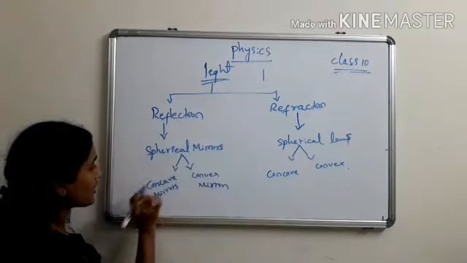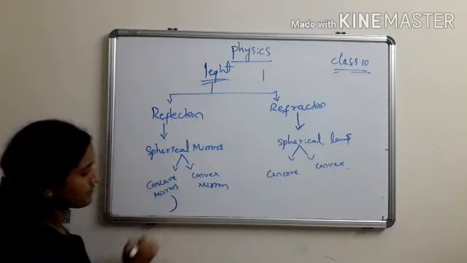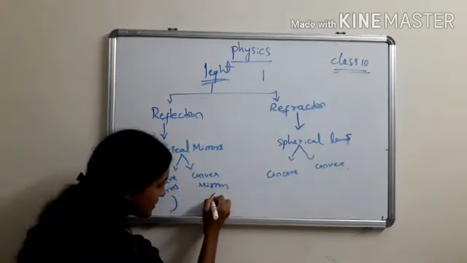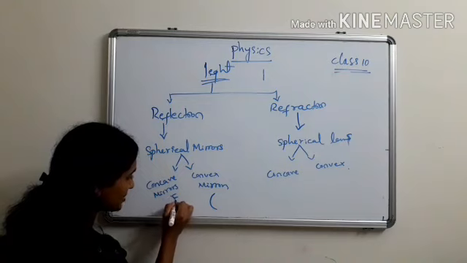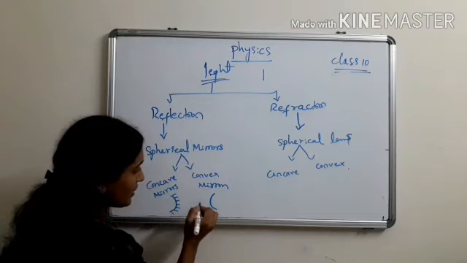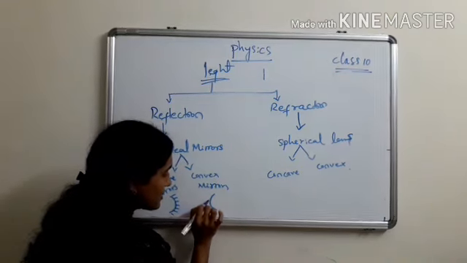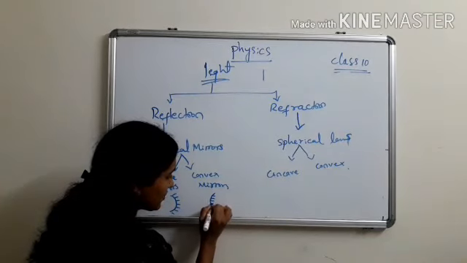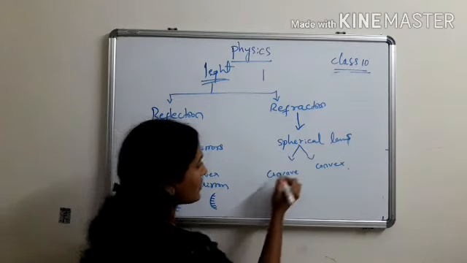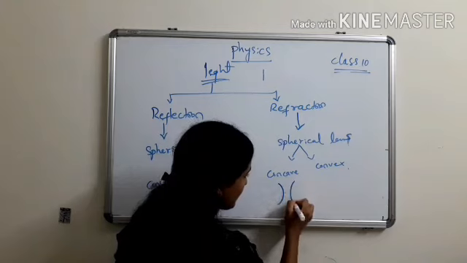Here concave mirror means like this. Convex mirror means like this. Inside reflection, outside coating. Here in the convex mirror, outside reflection, inside coating. Concave like this, and the double of this.